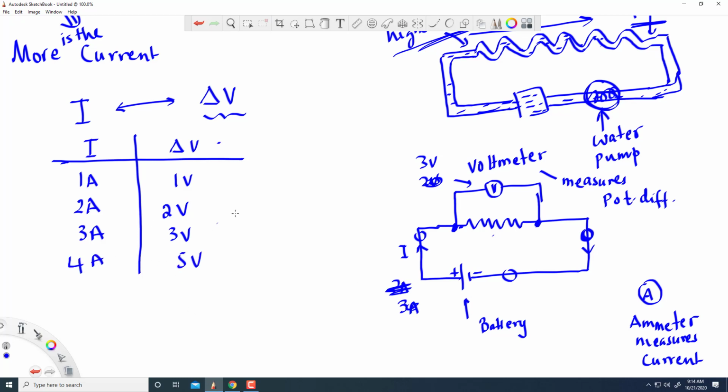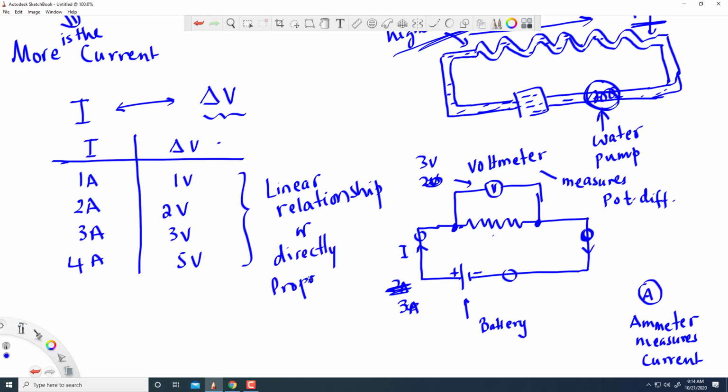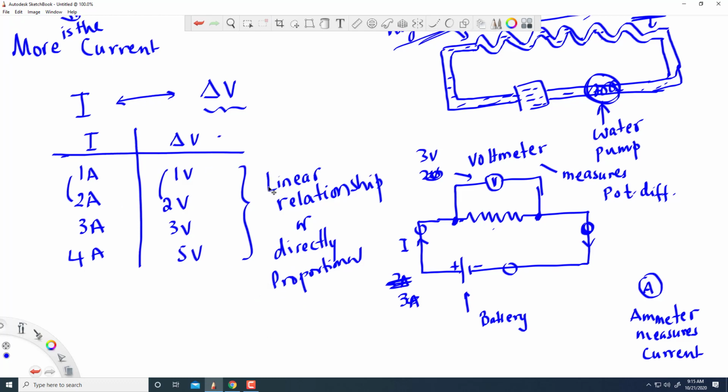So this kind of relationship is called a linear relationship, or direct relationship, or you can also say directly proportional, meaning if you double one, the other also doubles. If you triple one, the other one also triples. So linear relationship. And if you plot a graph for that, so that's what you will do in your lab.